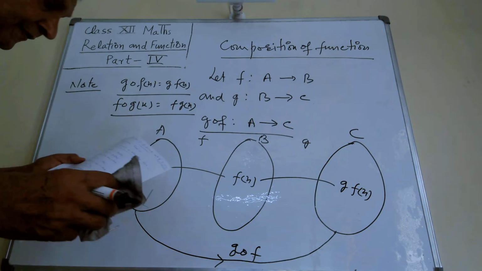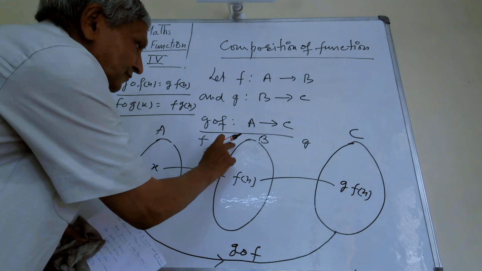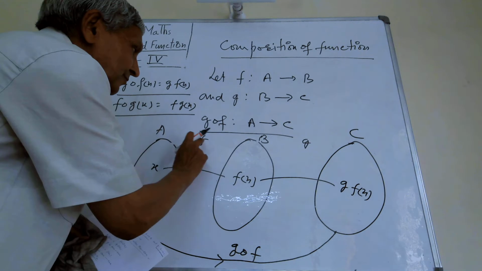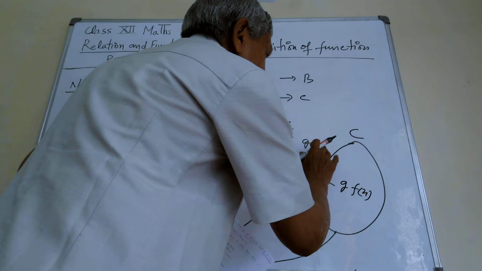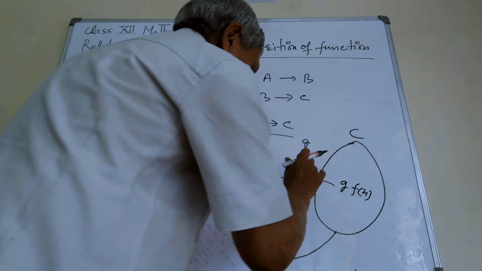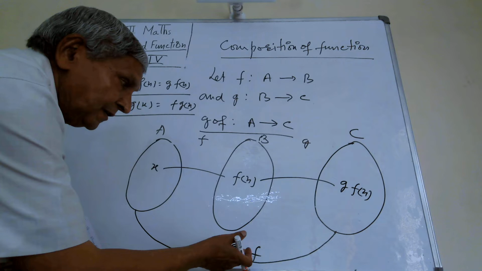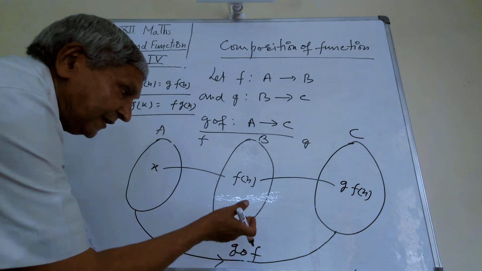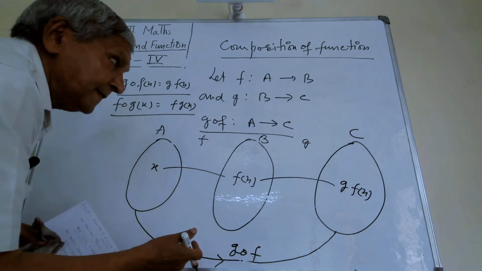One thing I want to tell you is that this function may be 1-1 and this function may be onto. This function is 1-1 and this function may also be 1-1 and onto. Here, for the composition of these functions, we also have to prove whether it is 1-1 or onto with the help of examples.